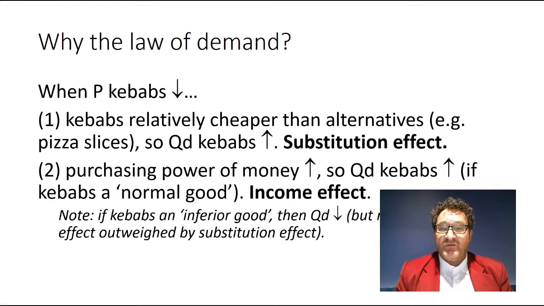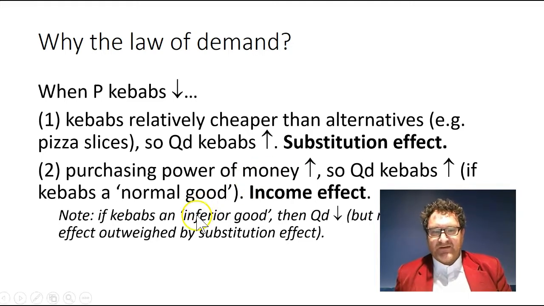They can afford to buy more of a better quality product, and they will buy less of the inferior good, the kebabs. So in that case, if kebabs are an inferior good, when the price falls, ironically, maybe ironically is the wrong word, anyway, then there'll be a decrease in the quantity demanded.